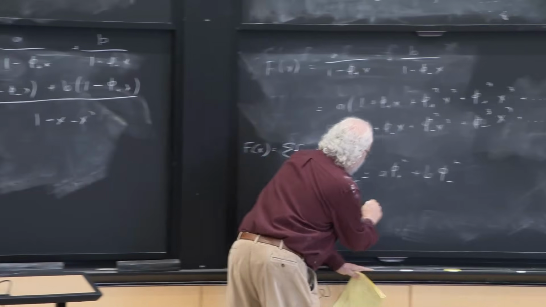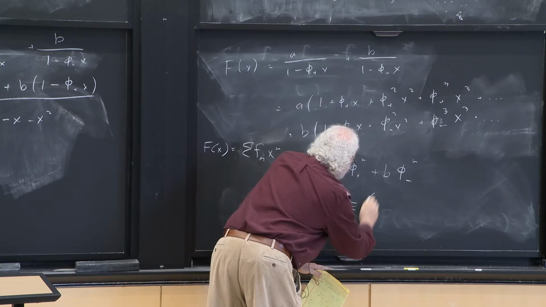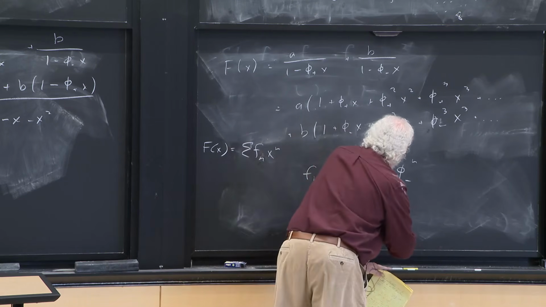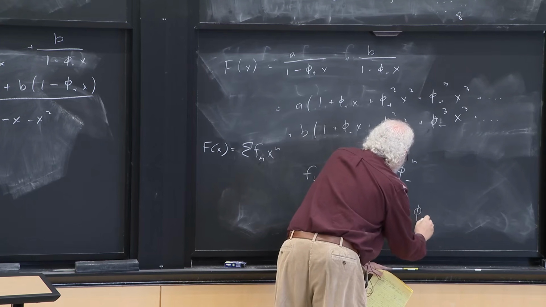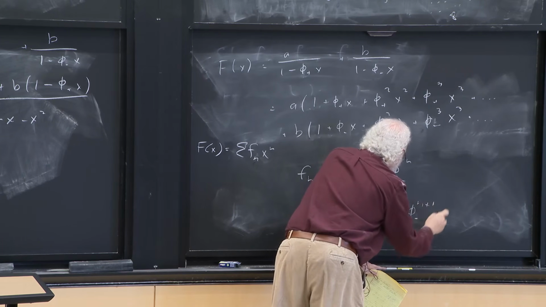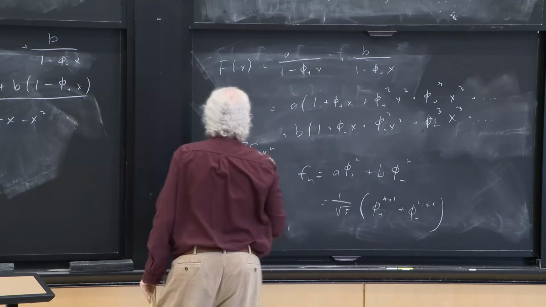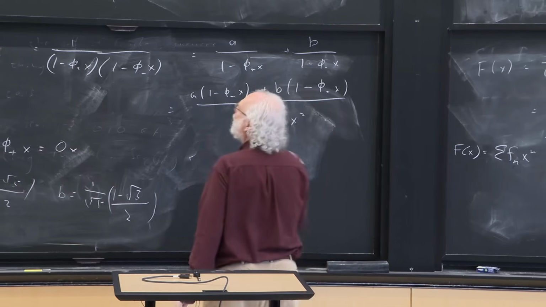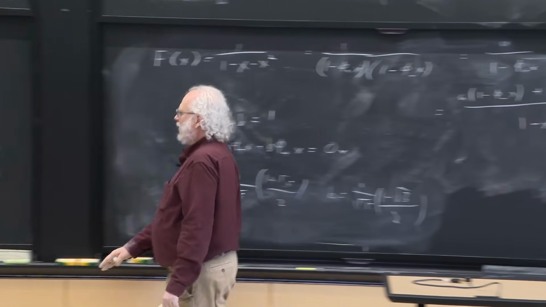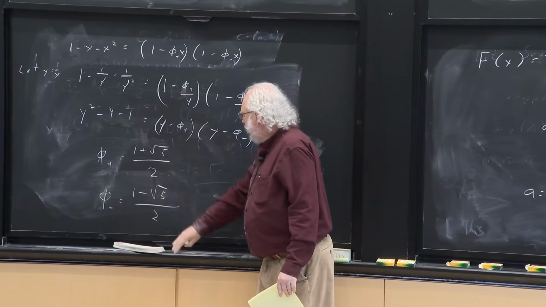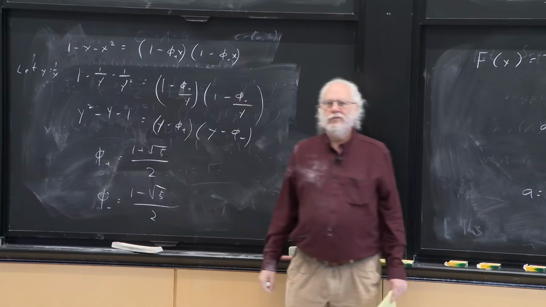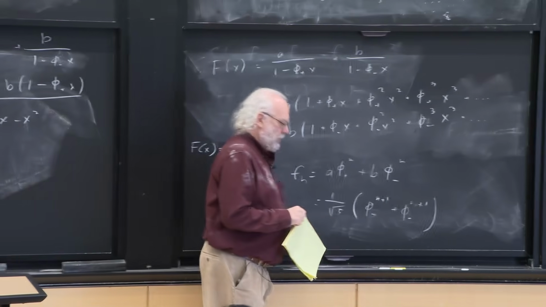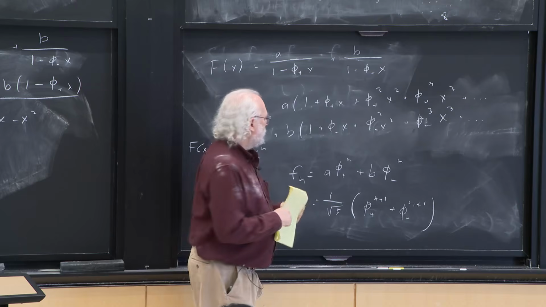So this is equal to 1 over root 5, phi plus to the n plus 1 minus phi minus to the n plus 1, where phi plus is 1 plus root 5 over 2, and phi minus is 1 minus root 5 over 2. So here we have a formula for the nth Fibonacci number.